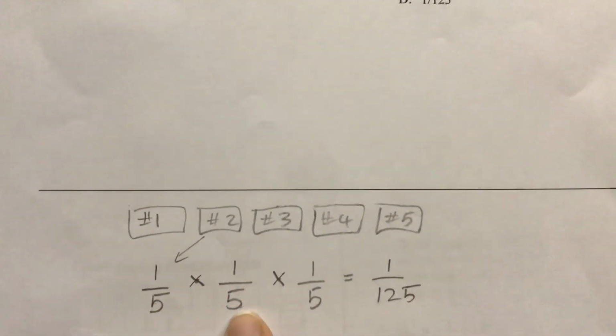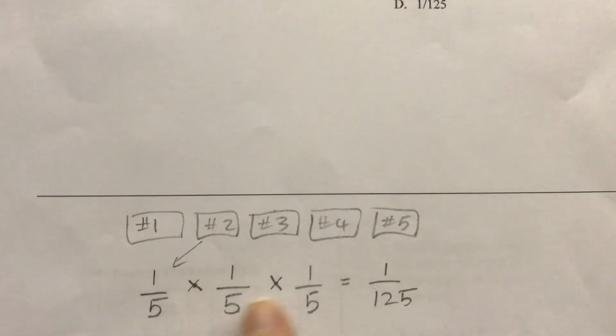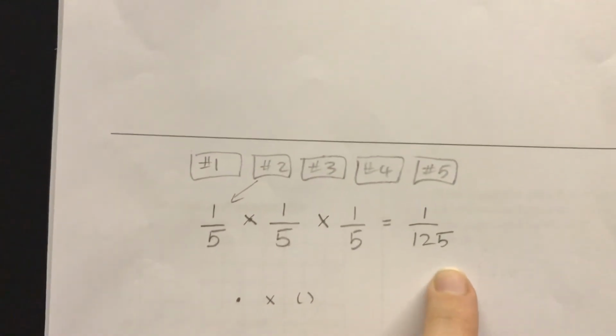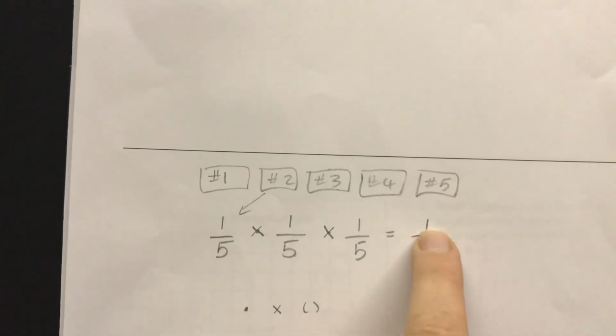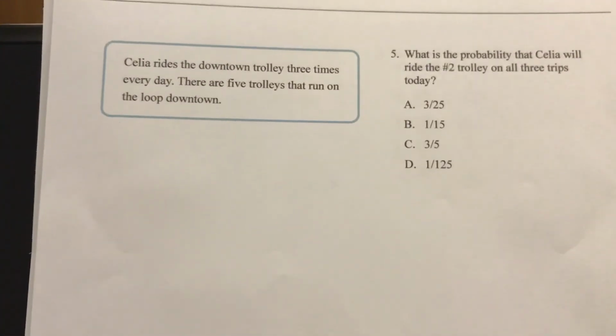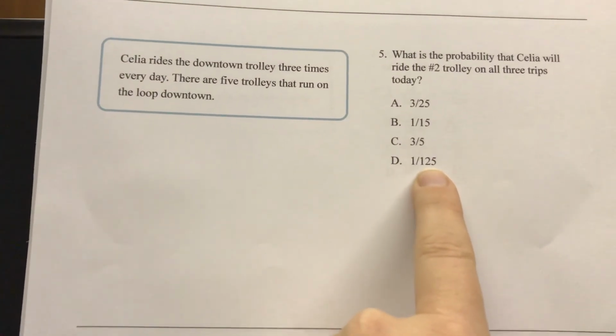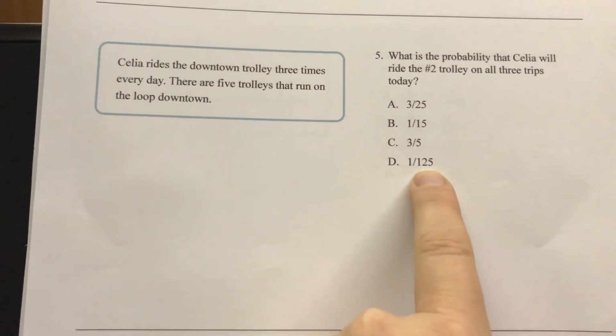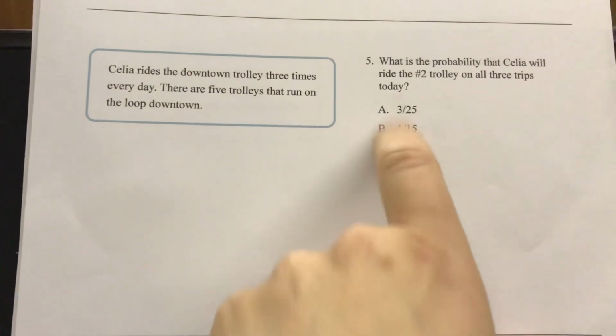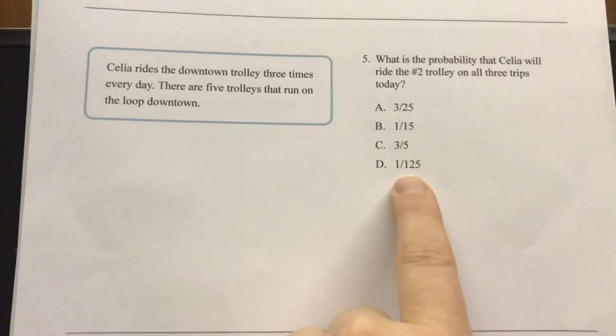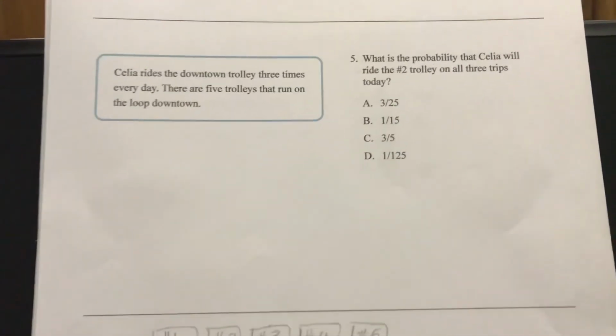And 5 times 5 is 25. 25 times 5 is 125. And I can plug that into my calculator if I'm not sure. So I should be left with 1 over 125. Is that an option? Yes. She has a 1 in 125 chance of riding the number 2 trolley all 3 times today. Pretty low chance.